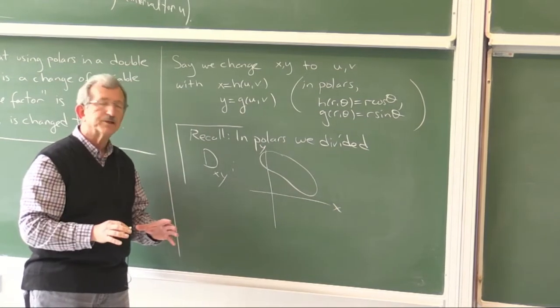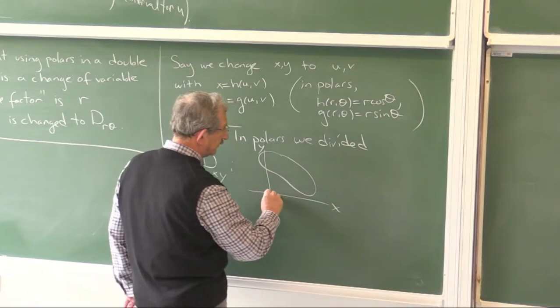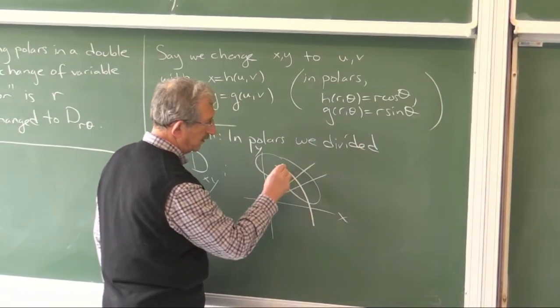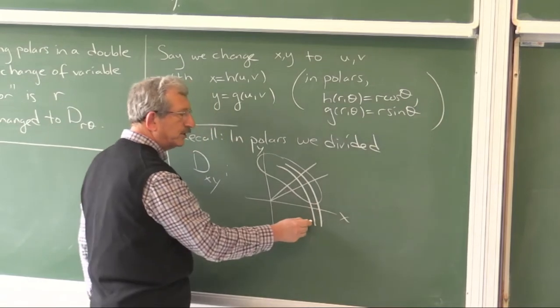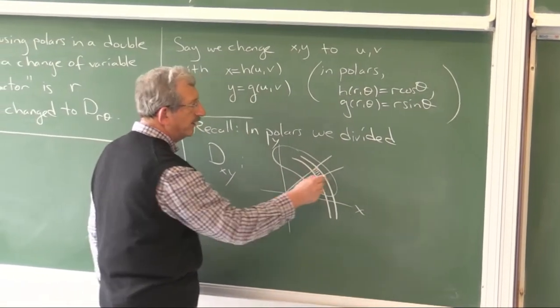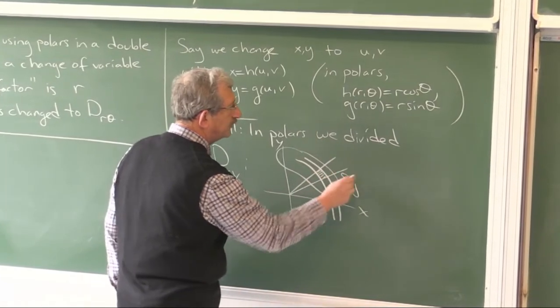What kind of pieces? These were pieces like this. These were circles, these were rays, and we called this piece Sij.